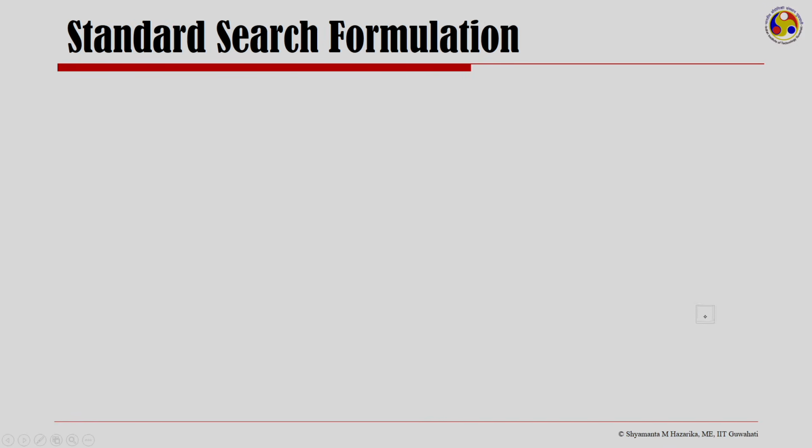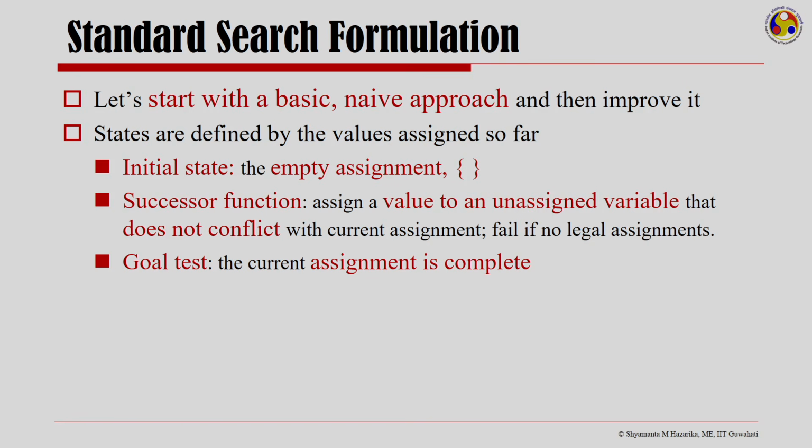So, how do you look for solutions under such problems? Under standard search formulation, we can start with a basic naive approach and then improve it. States are defined by the values assigned so far. So, we could have the initial state given by the empty assignment, and then a successor function like assign a value to an unassigned variable that does not conflict.